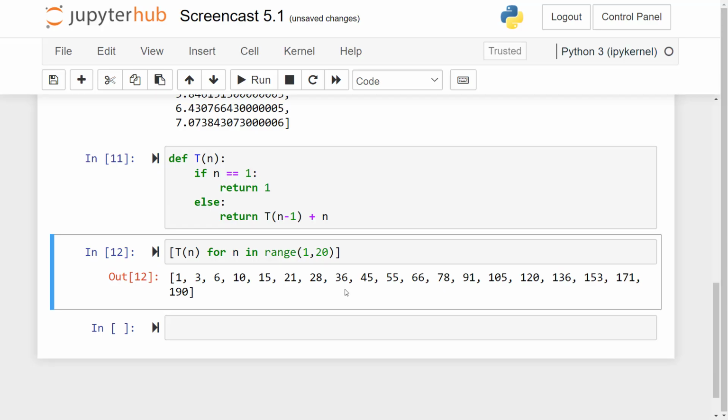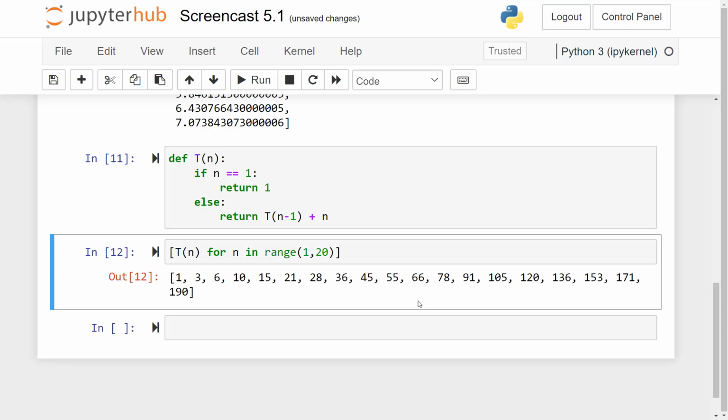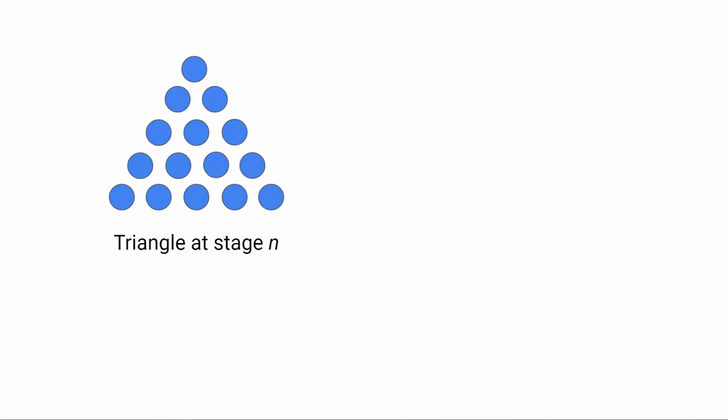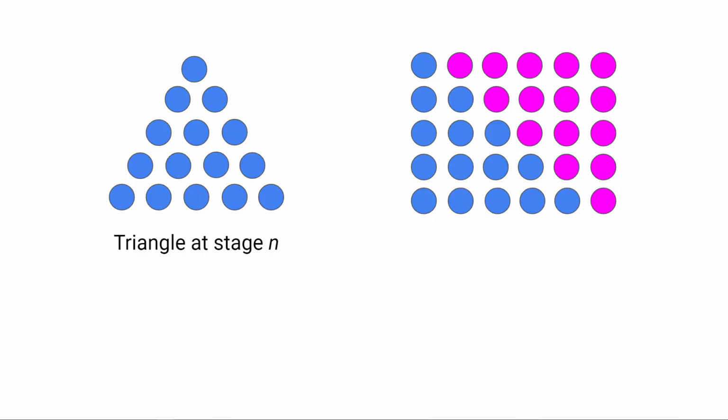What about a closed formula for this? Well, this is harder. Just looking at the numbers, it's hard to guess. There's not a totally obvious formula that produces all of these. But remember the problem-solving concept of looking at the problem in different ways. If I look back at the picture and draw the triangle more like this, I can make a copy of that triangle and rotate it and attach it to the original triangle to form a rectangle like this.